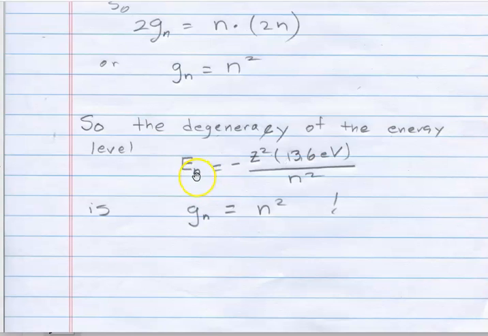On the other hand, if this were 3, that would be the second excited state, then the n is 3, and the degeneracy of the second excited state is 3 squared, or 9. So it goes up very rapidly. The degeneracy goes up as the square in these atomic hydrogen-like systems.